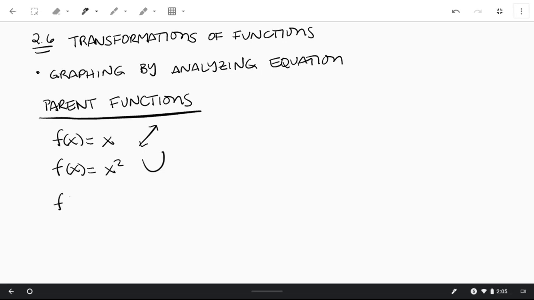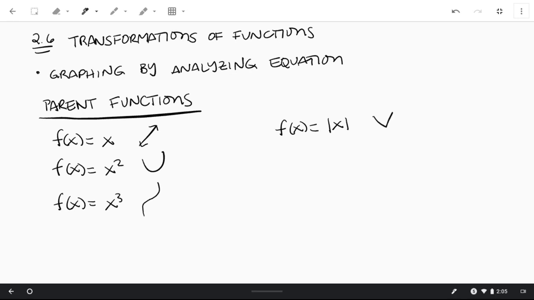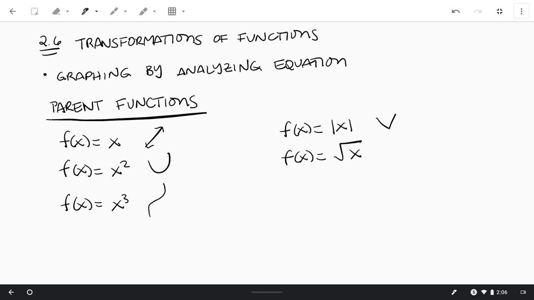And we looked at x cubed, and that one is this sort of snake figure. And then we looked at two other ones: the absolute value of x, which has that V shape, and the square root of x, which is sort of the top half of a sideways parabola.